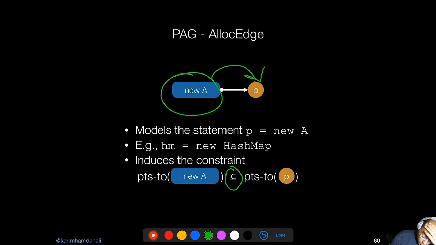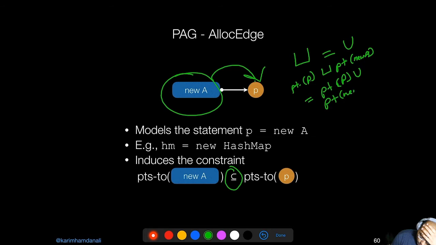Again, why? Because we are defining our join operator to be the union operator. So when I say the points-to set of P join the points-to set of new A, this is going to be the points-to set of P union the points-to set of new A.